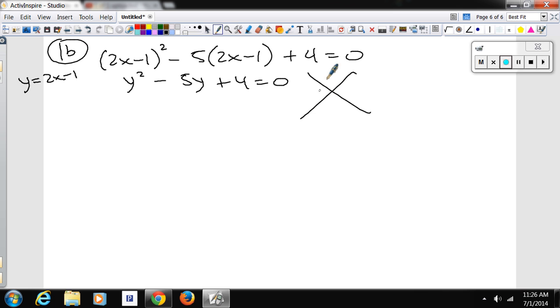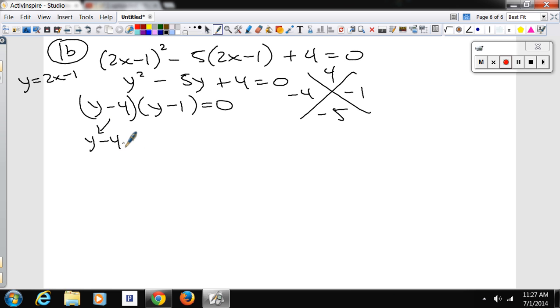And this is going to be exactly the same. Positive 4 on top, negative 5 on the bottom. You're going to need a negative 4 and a negative 1 again. So y minus 4 and y minus 1 equaling 0 would be the two parentheses. So y minus 4 equals 0, y minus 1 equals 0.